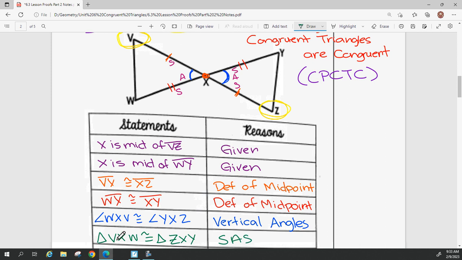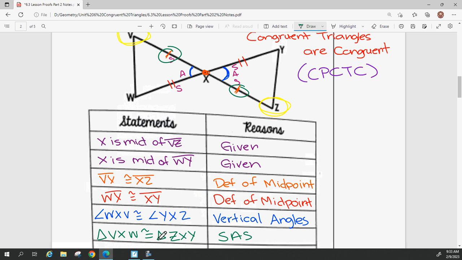If you have questions about how I name those triangles, make sure you ask. I started with my side here that had one marking, so I start in my other triangle with the side name that has one marking. Of course, X is in both triangles, so it has to be in the same spot in my name.